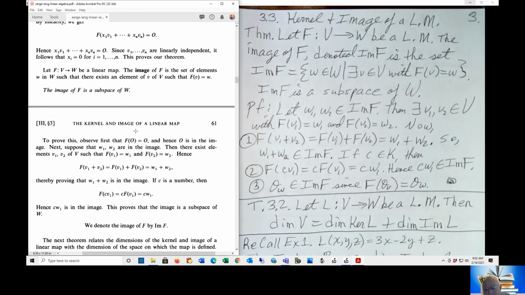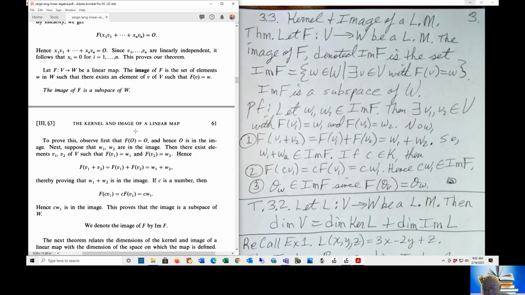The image of f consists of all vectors w in W such that there exists a vector v in V with f of v equal to w. So image here really is another word for what? Range. The range. We claim that the image of f is a subspace of W.